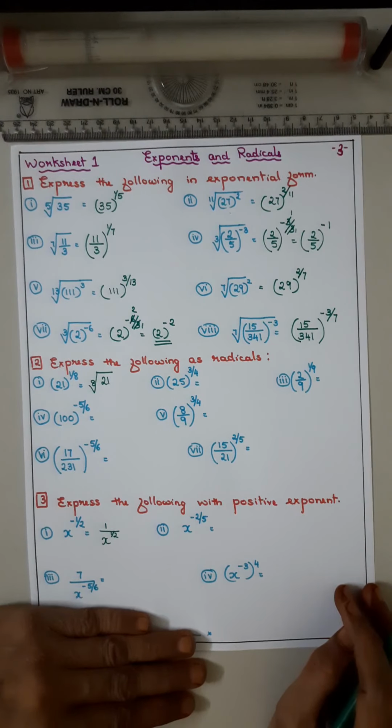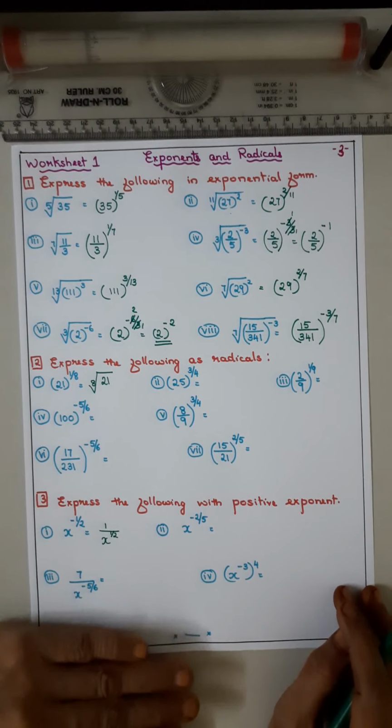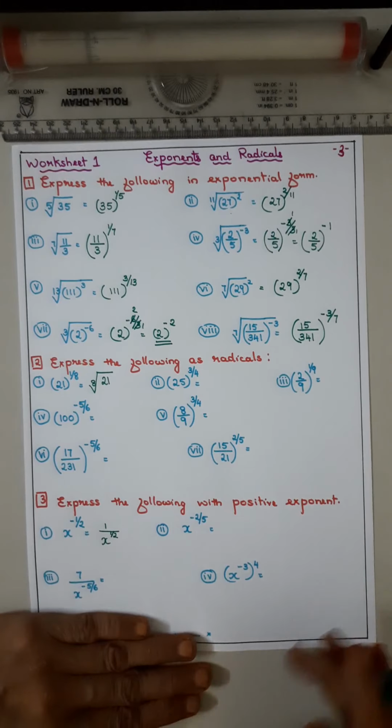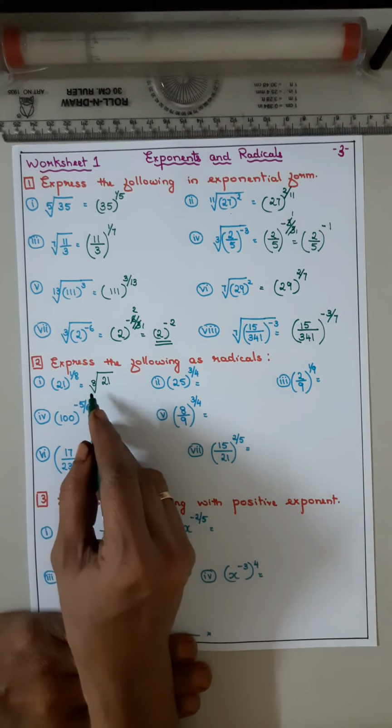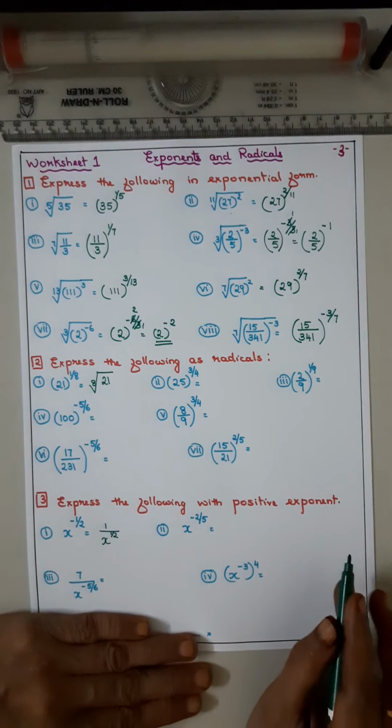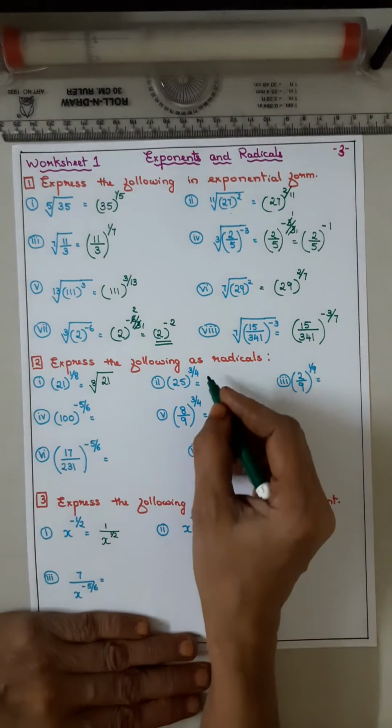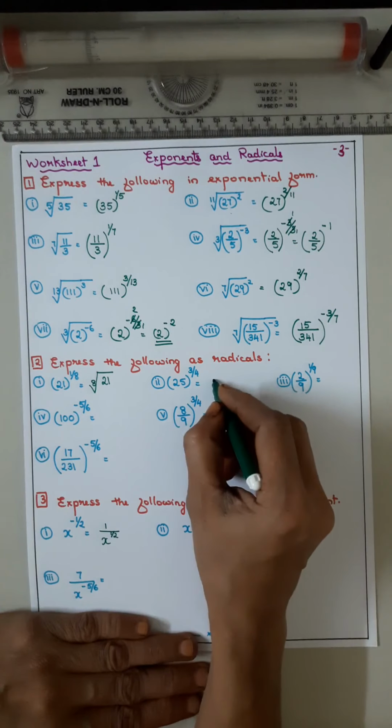Now reverse. The exponential form is given, write the radical form. So the denominator in the power is 8. So 8th root of 21. Power is 1, so don't write it. Here in the power the denominator is 4.